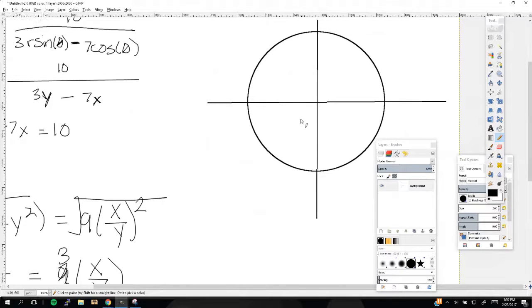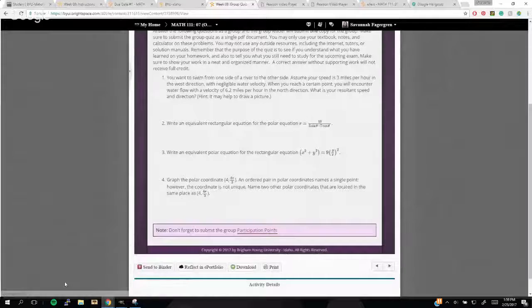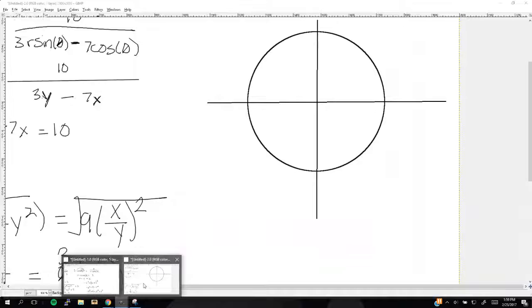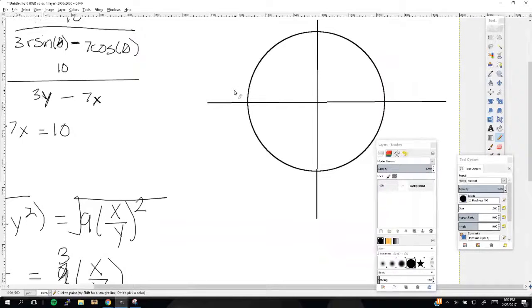So the polar coordinate we got was 4, 4 pi over 3. So we know that our magnitude is going to be 4. And then 4 pi over 3 is 240 degrees. So that would be about there.